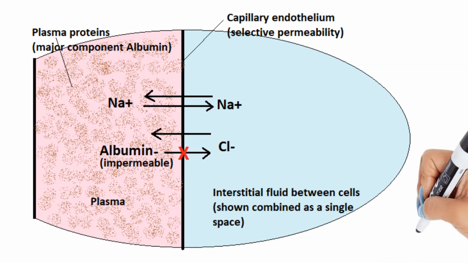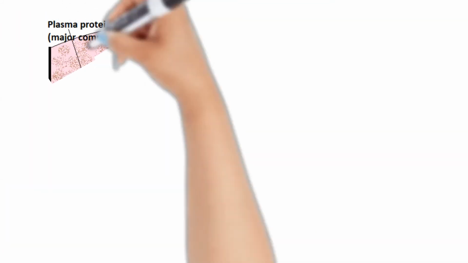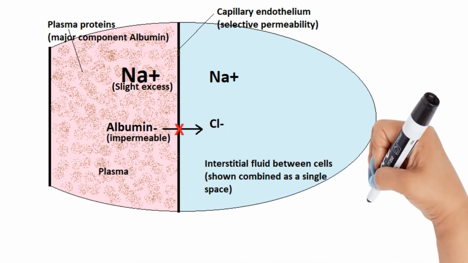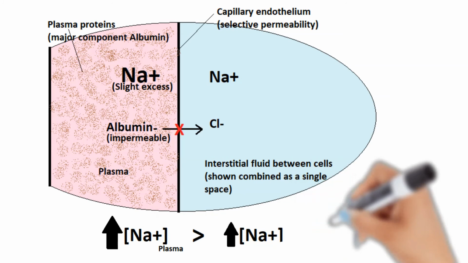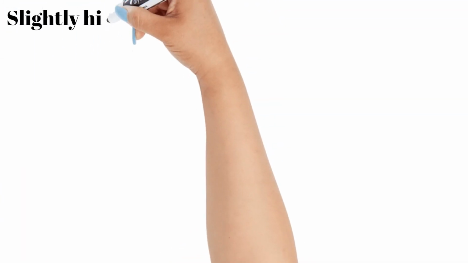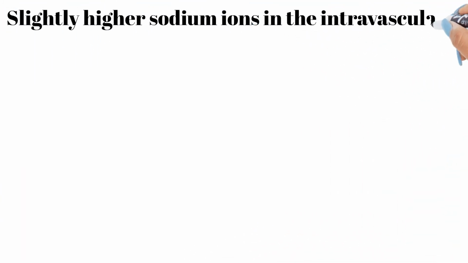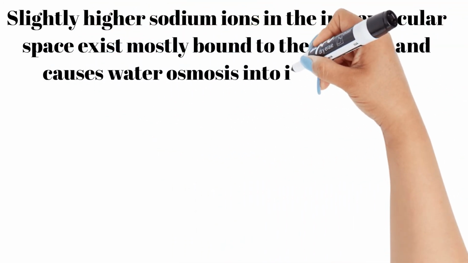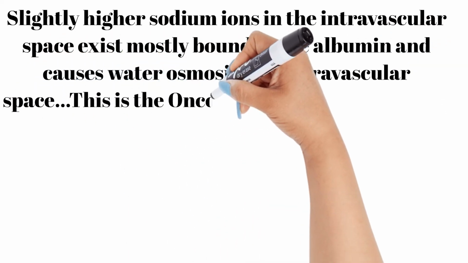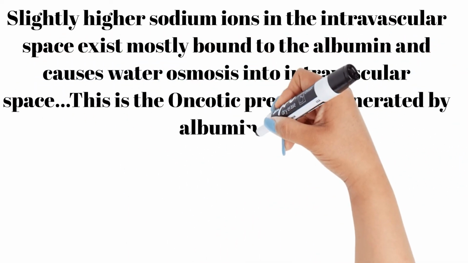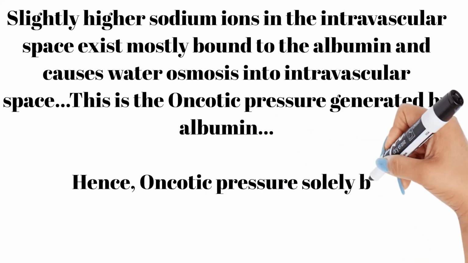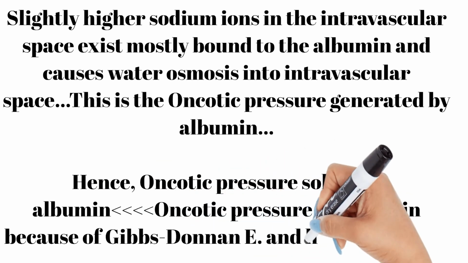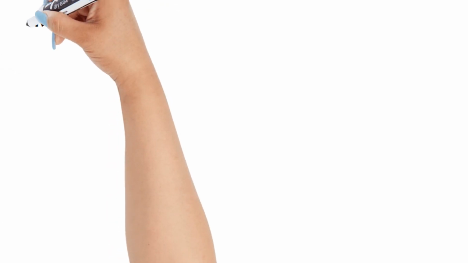Presence of an impermeable anion on one side of capillary endothelium leads to operation of Gibbs-Donnan process, and, at equilibrium, slightly higher sodium ions are present in the intravascular space compared to the interstitial fluid. Excess sodium ions in plasma causes osmosis of water into the intravascular compartment. So, in essence, the oncotic pressure exerted by albumin in the intravascular space is due to the presence of slightly higher sodium ions in plasma attached with albumin.